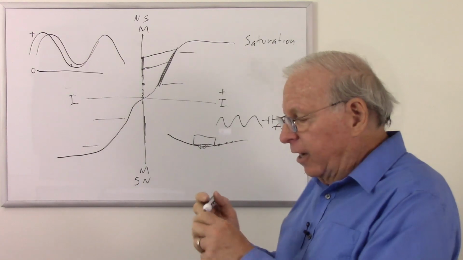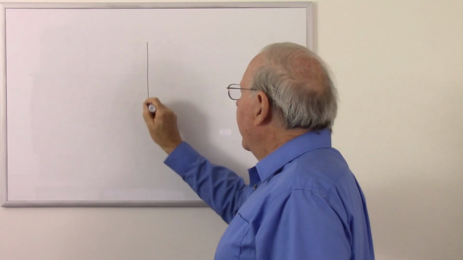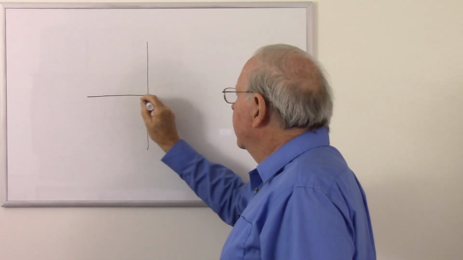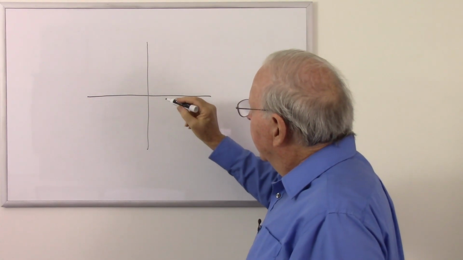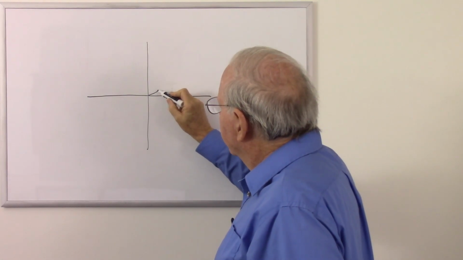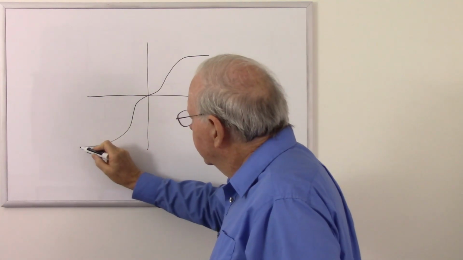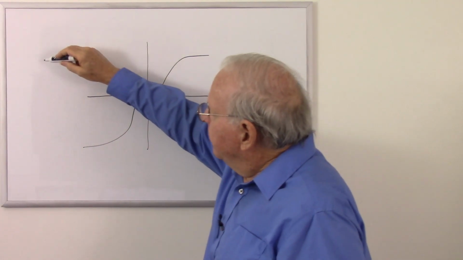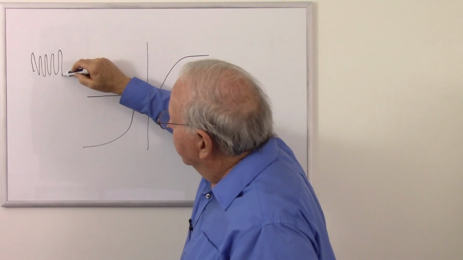So what was going on? I'm going to redraw this. Here is our graph. Remember, this is current and magnetism, and let's draw our curve here. It's going to go something like that. There we go. And here comes in our ultrasonic signal, a very high speed sine wave.